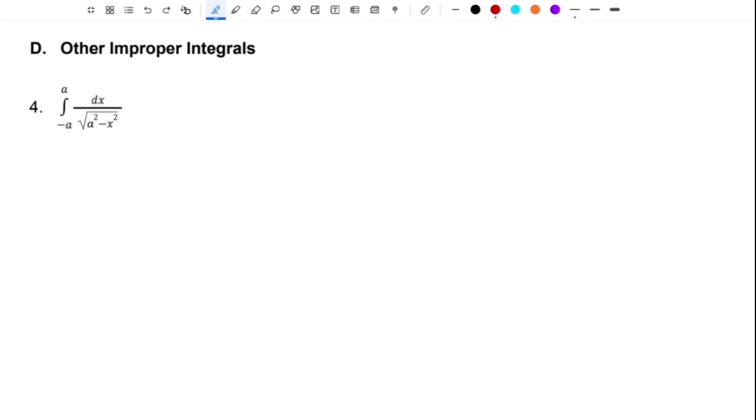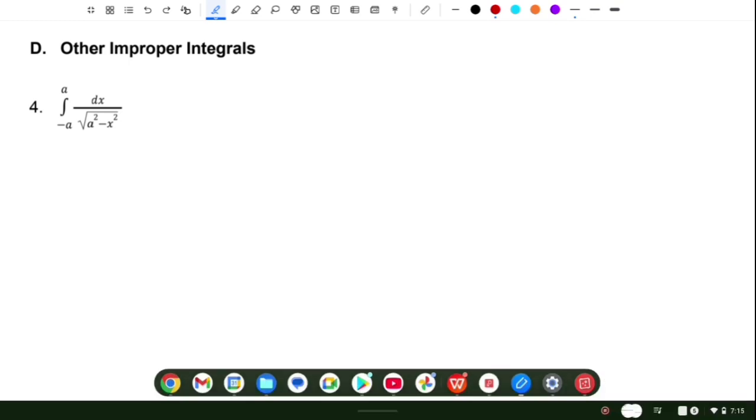Let's try to solve this for a more clear visual on how you can solve this kind of problem.